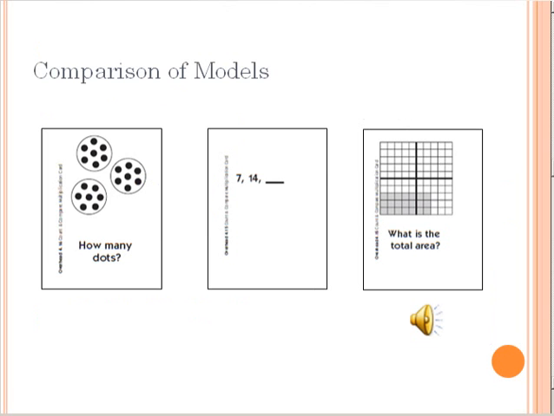The grid used on the card on the right is a familiar grid for many 3rd graders. It has dark lines at the 5 and the 10 to make splitting up that array easy. A student who plays and gets this card might be able to break up that 3 times 7 into a 3 times 5 and a 3 times 2 to add it together to get that total area.